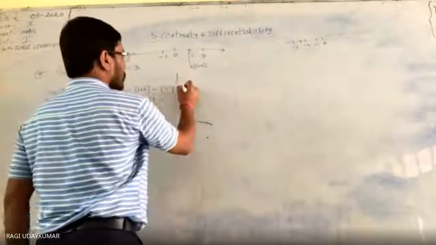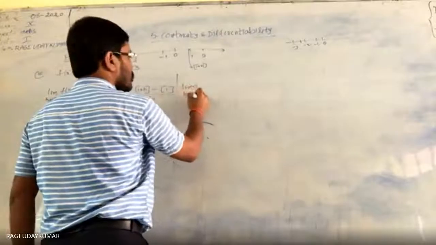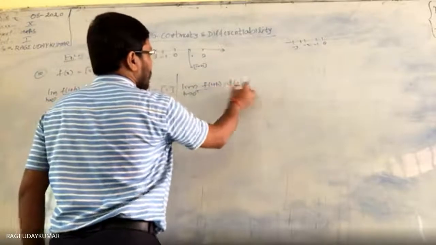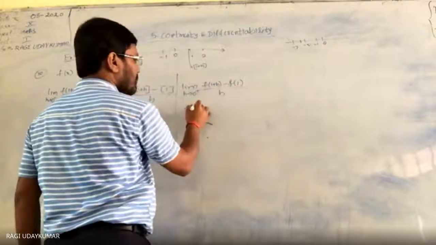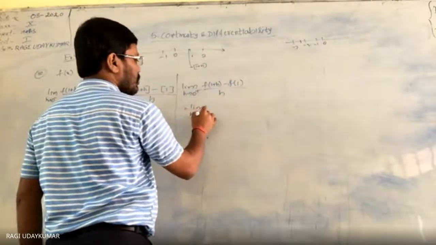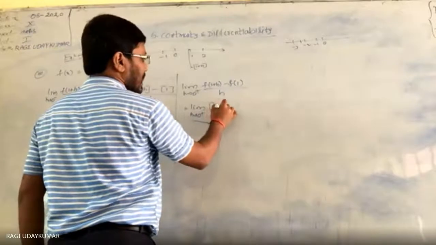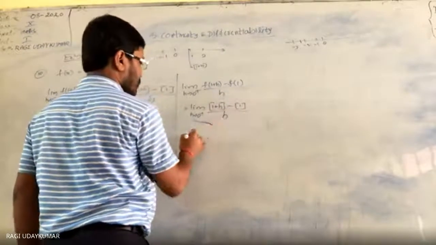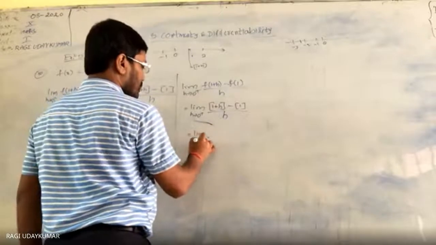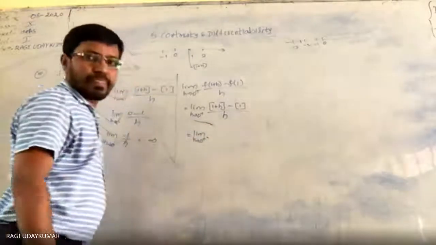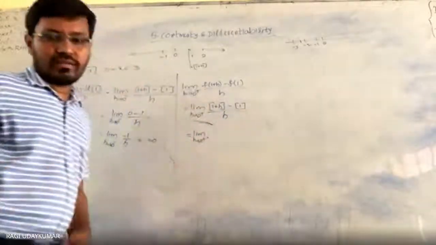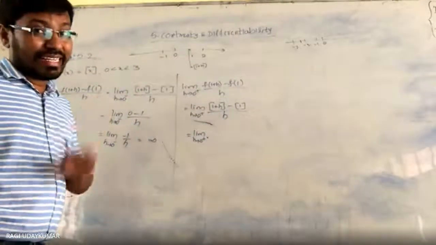In the right hand limit, h tends to 0 plus of f of 1 plus h minus f of 1 by h. In the same way, limit h tends to 0 plus of the greatest integer function of 1 plus h minus the greatest integer of 1, by h. Here h is greater than 0, whereas in the previous case h was less than 0.